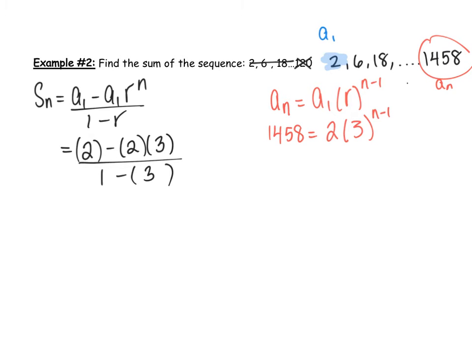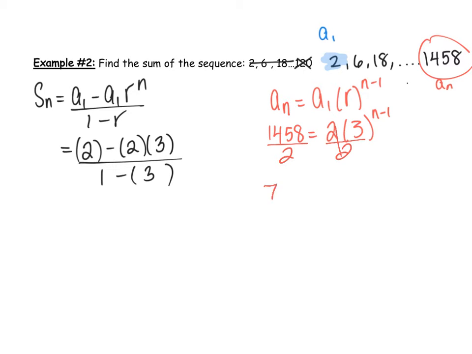So we're going to use this information to solve for n. Now, a lot of you probably want to multiply these, but unfortunately you can't because this 2 is attached to this 3. This 3 is attached to this exponent by multiplication. So we're actually going to divide the 2 out, and that is where we're going to start.